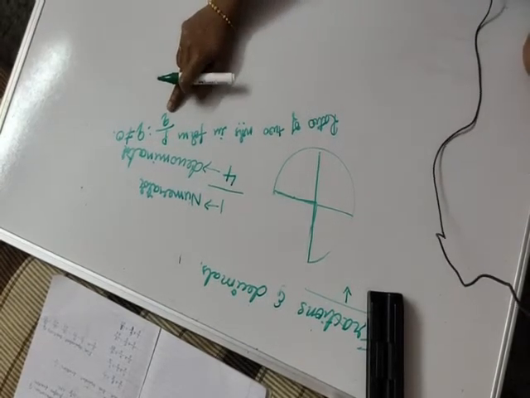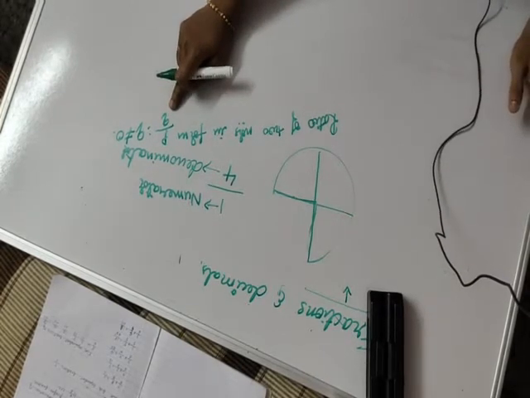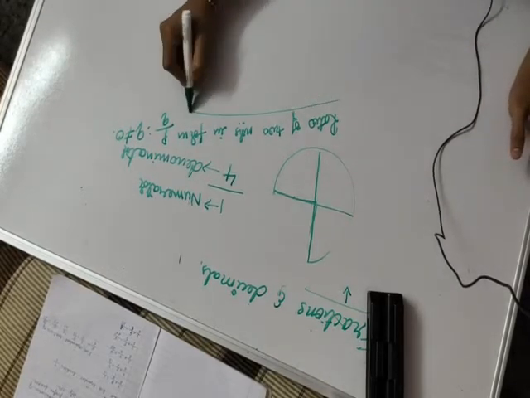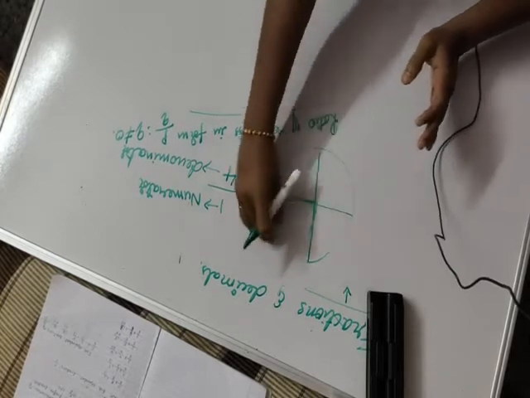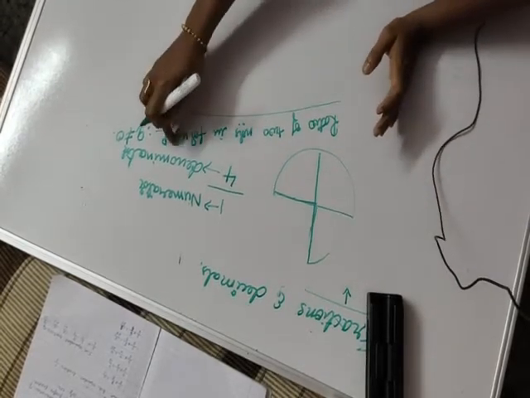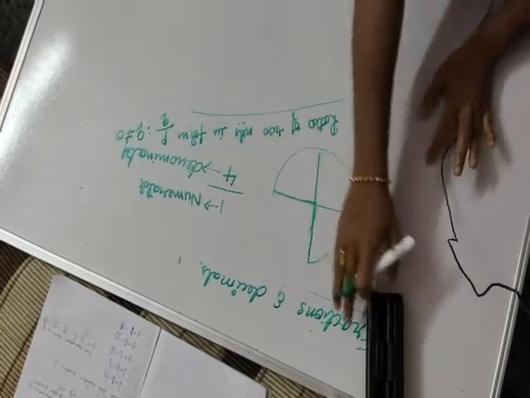Means the denominator should never be equal to 0. When the denominator becomes 0, this becomes meaningless. Understood? So this is also one definition. Fraction represents a part of a whole, or a ratio of two numbers in the form of p by q, where q should not be equal to 0. This is about the fraction.